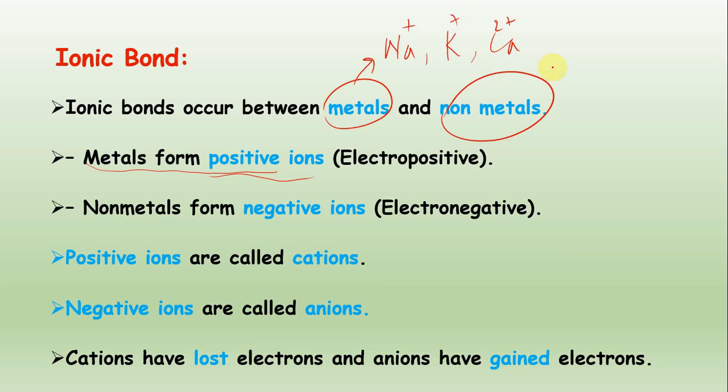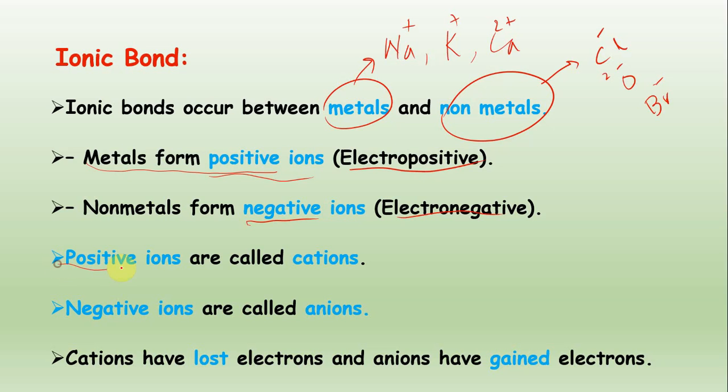And non-metals always form negative ions, like chloride, oxide, and say, bromide. So they are negatively charged ions. Metals are also called electropositive in nature, meaning they form positive ions, and non-metals form negative ions, so they are called electronegative in nature. These are very important questions in the MCQs part.